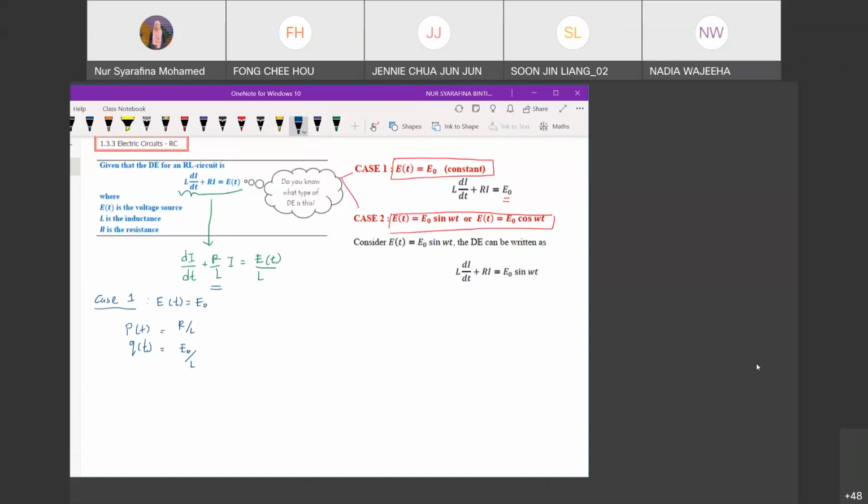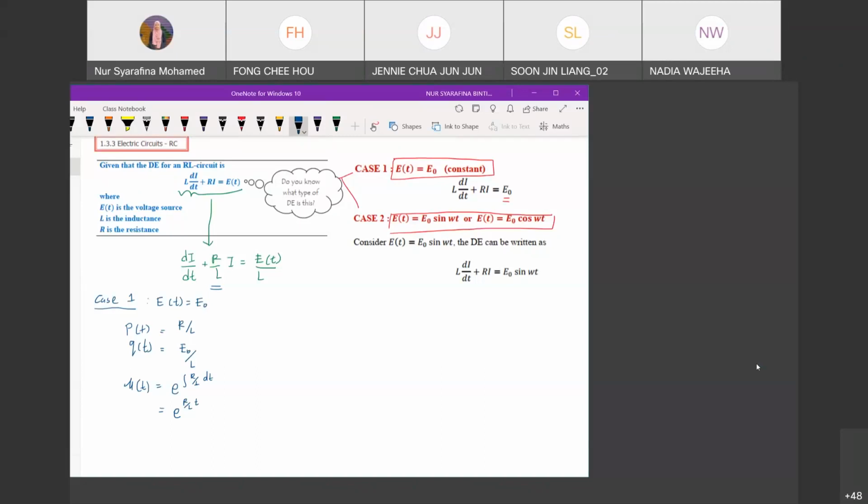Okay, so you should have what? You should have your integrating factor. What is your integrating factor here? Exponent to the power of integrate R over L with respect to t. So you should have exponent to the power of R over L t. Okay, so these are all given in the notes.